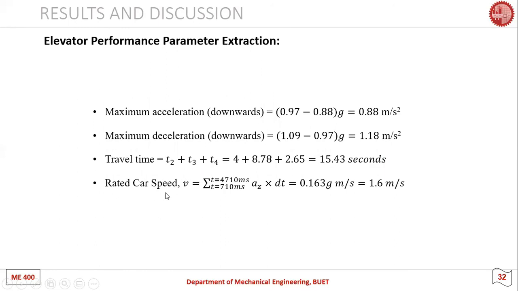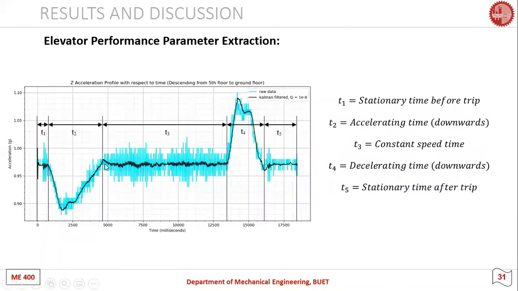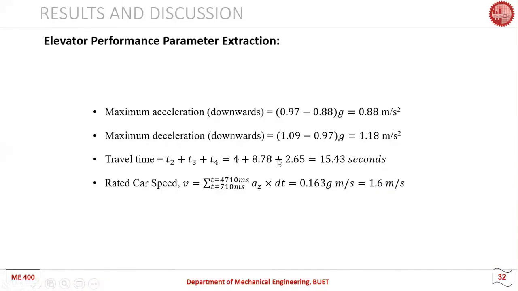The rated car speed, at which the elevator moves during the constant speed time, can be found by integrating the area under the curve during acceleration. By integration, we find that the rated car speed is 1.6 meter per second square.